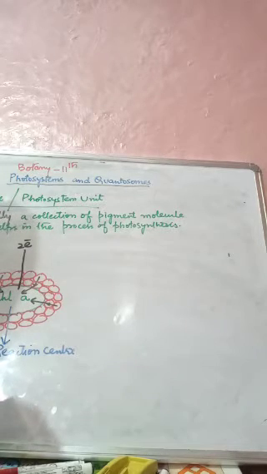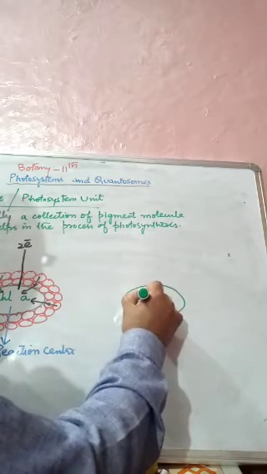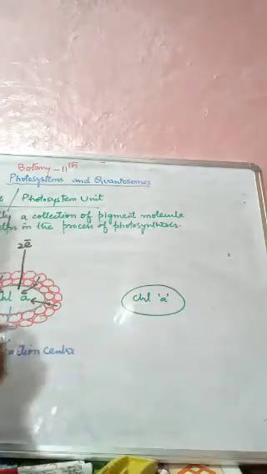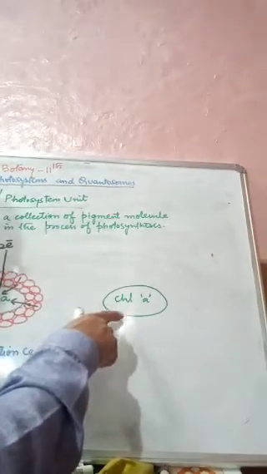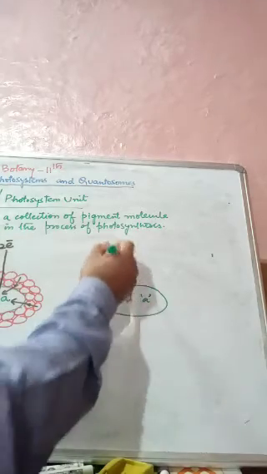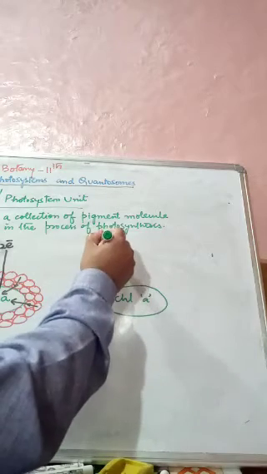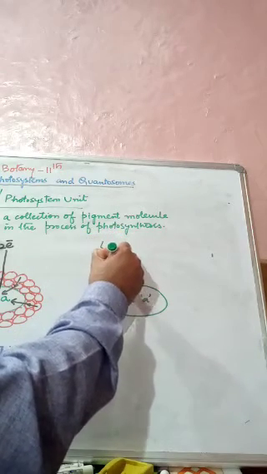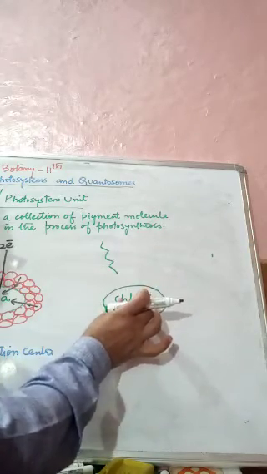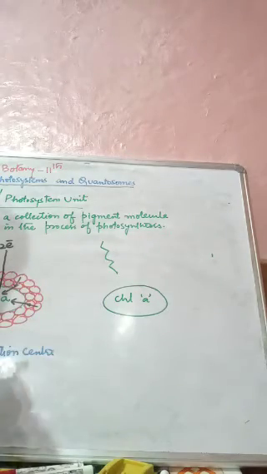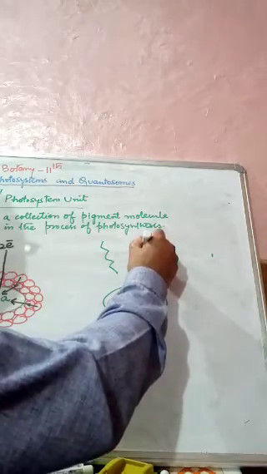Now, consider the same chlorophyll A when it is in the isolated state. Here it was surrounded by the accessory pigments. The second condition is when this chlorophyll A is in the isolated state, separately, individually. Now the wavelengths come here and the solar energy reaches inside this chlorophyll A. Again a pair of electrons gets excited.